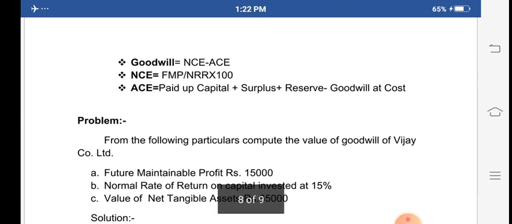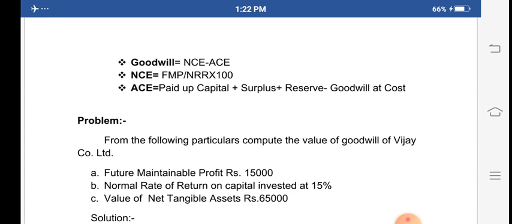Goodwill is equal to NCE, normal capital employed, minus ACE, the actual capital employed. For this calculation we should know NCE. The formula is future maintainable profit divided by normal rate of return into 100.